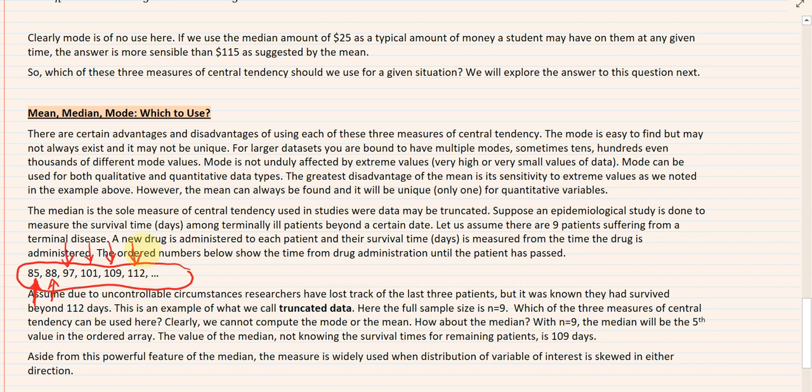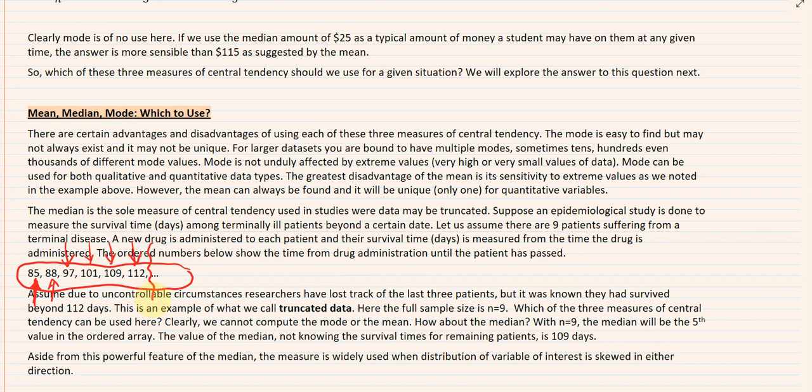Now, patients number 7, 8, and 9 are still not in. That means they're still alive. As of 113 days that I was tracking them, they were still alive. But for some reason, let's say I lost contact with these patients, or they just don't want to participate anymore.